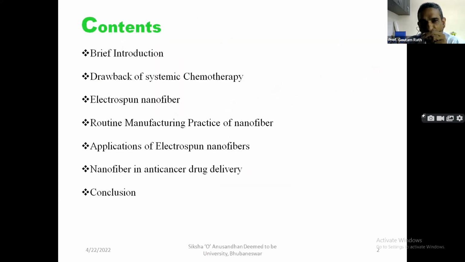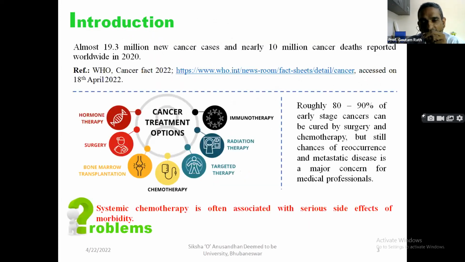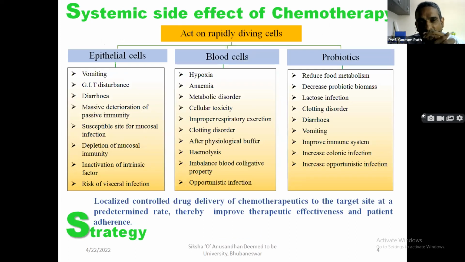The reason, just look at the slide. The drugs developed against cancer are programmed to kill those cells which can replicate and proliferate at a rapid pace.